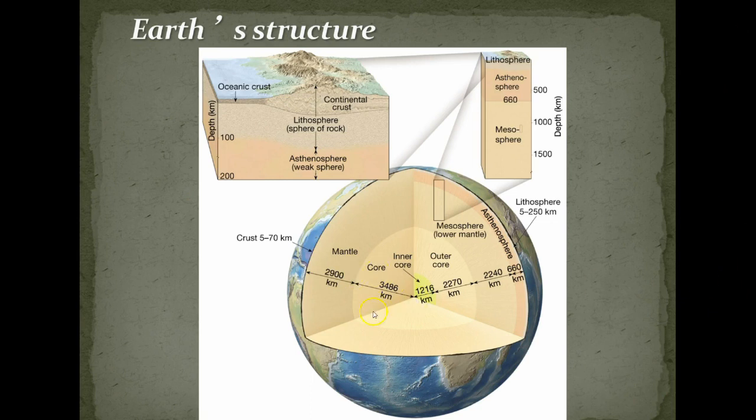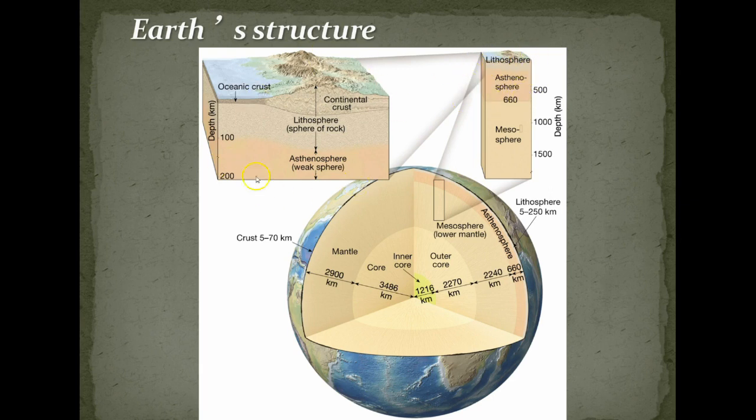So here it is broken down for you all in one. You have the overall bigger picture, and a slice of the upper mantle. Actually, the mesosphere is there too. So this is the upper mantle from the 660 up.